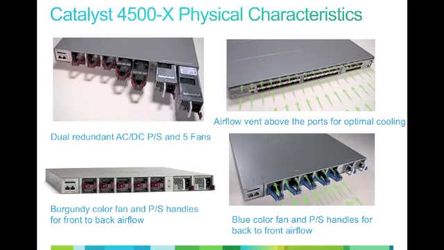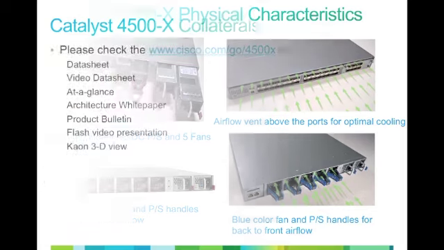And again, as mentioned before, the burgundy color fans are a front to back airflow configuration, and the blue color fans are for a back to front airflow configuration. The cooling is very efficient because the airflow vents are above the ports to offer optimal cooling. Having the ability to have back to front or front to back airflow provides the greatest flexibility in providing a top-of-rack solution to meet all of our customer needs.